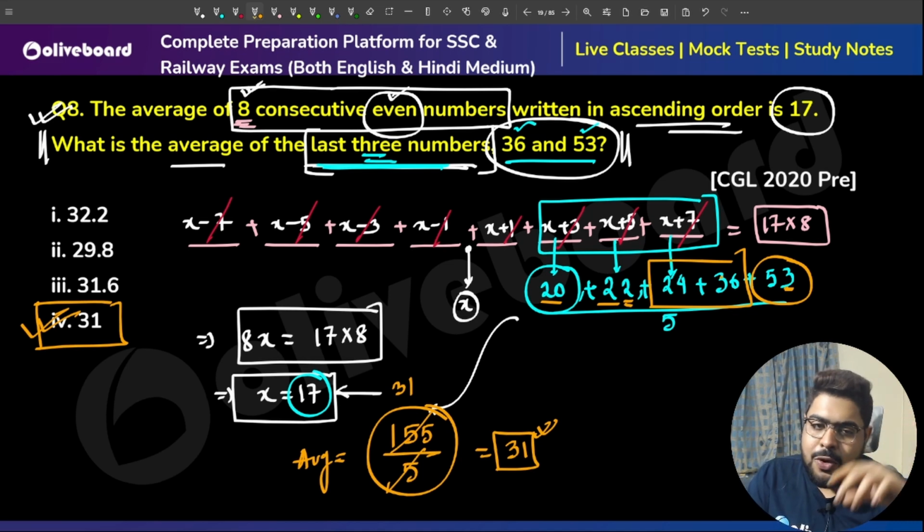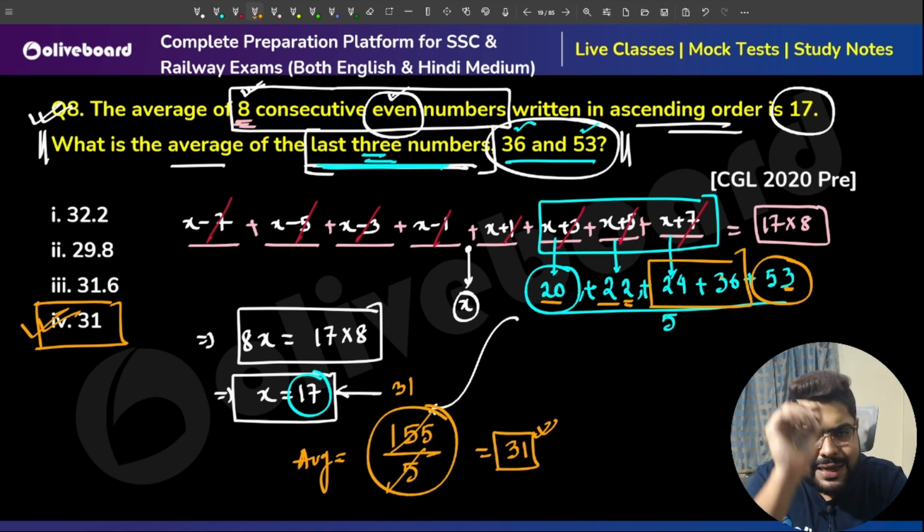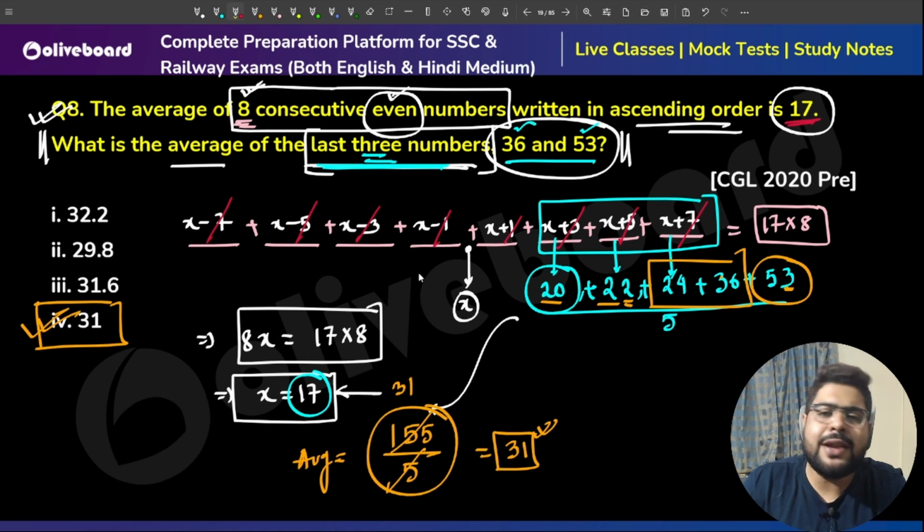That's all. Now, with practice, you will not write all these things. So this is the middle value. If I want to make this a shortcut, 17. So always the middle value is that. At the end of the day, I'm getting the value of x as 17 only. So I'll directly say this is 17.